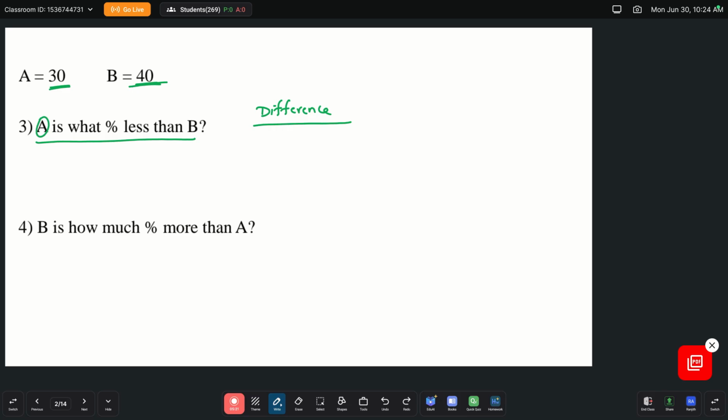We need to write the more value in the denominator into 100. The difference of 30 and 40 is 10. 10 by 40 into 100. 10 by 40 will be equal to 1 by 4. 1 by 4 equal to 25 percentage.